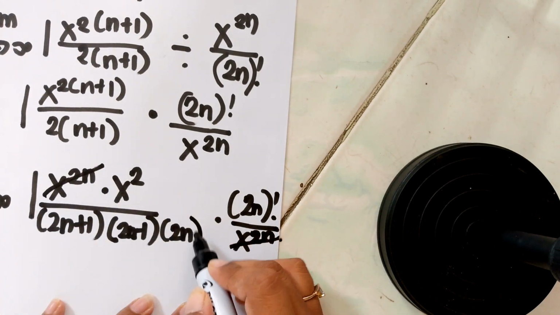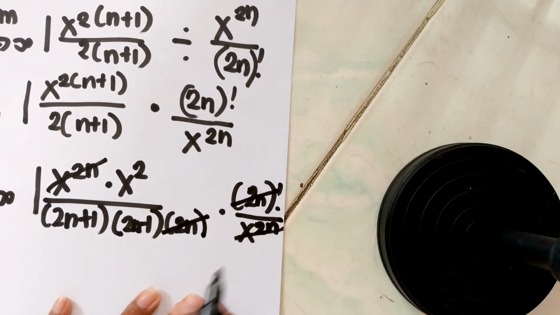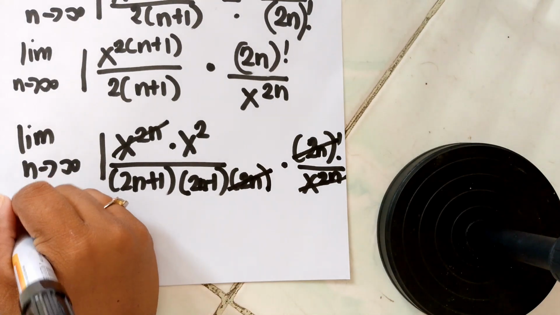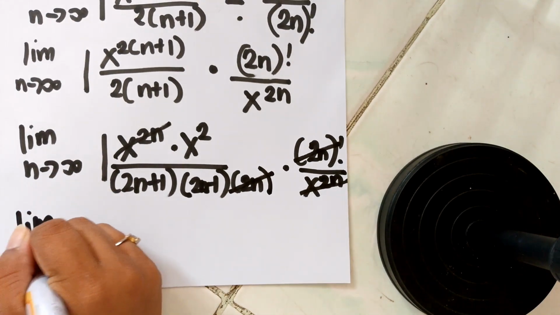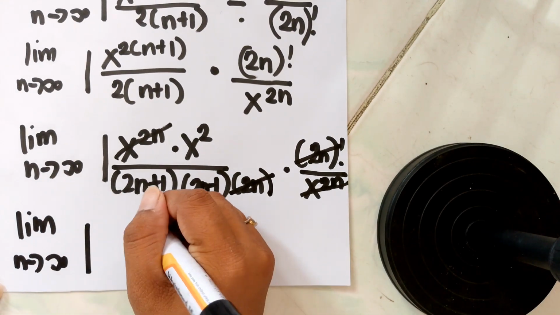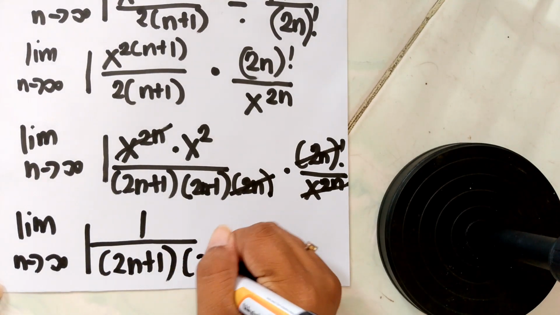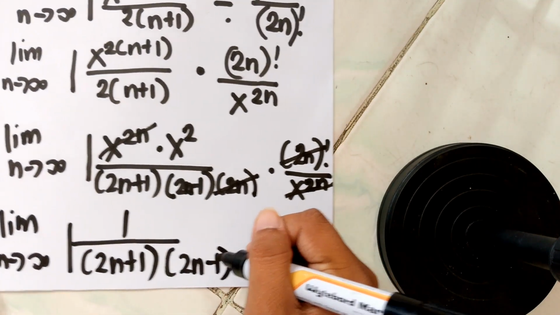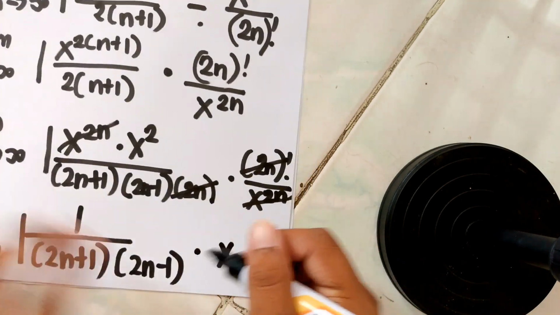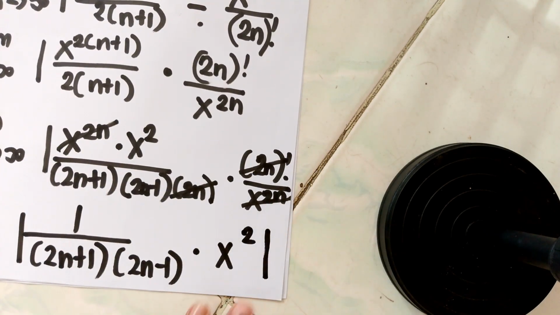We need to cancel out the terms that have the same value. Therefore, it will become the absolute value of x squared over 2n plus 2 times 2n plus 1.